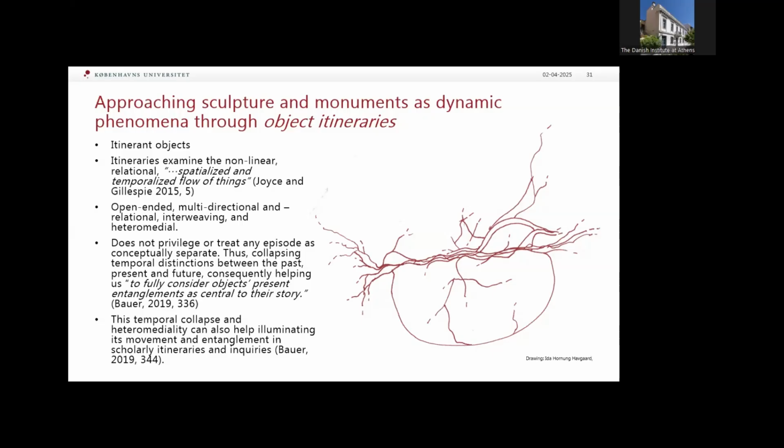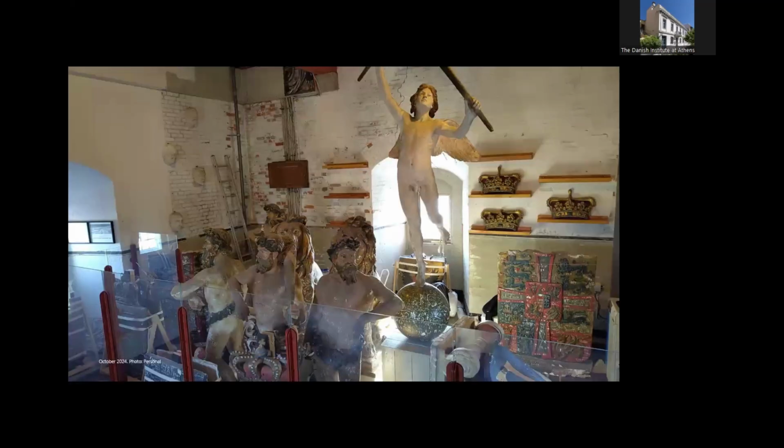So this quite theoretical run-along will now be put into good use, I promise. I'll now turn to some examples of how I'm actually working with this theoretical perspective, trying to unlock the meaning of these interventions that we can see and re-entangle them, so to speak, on the itinerary.